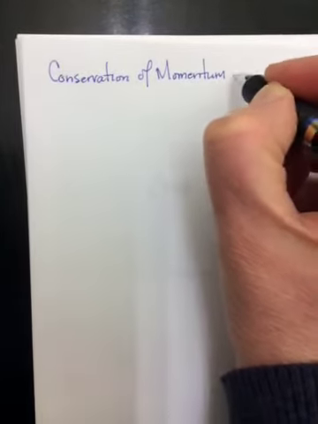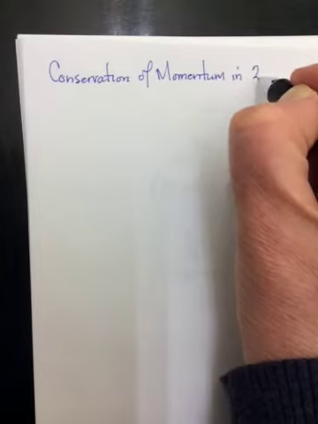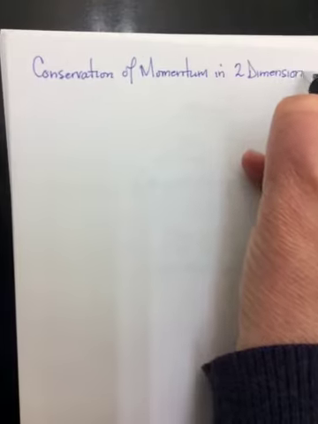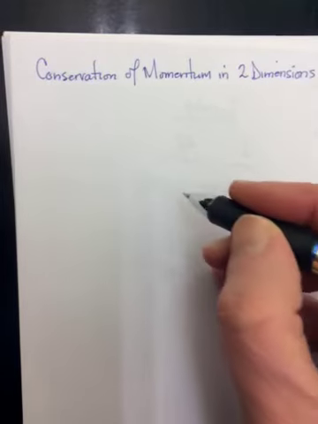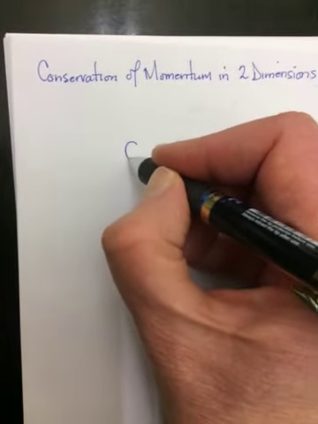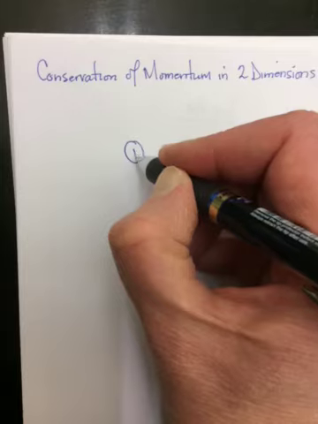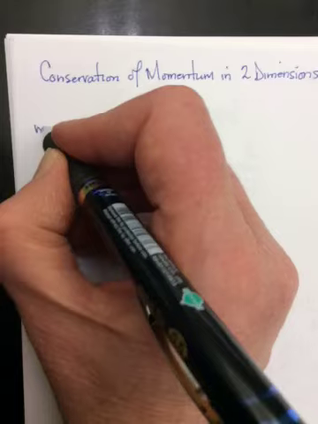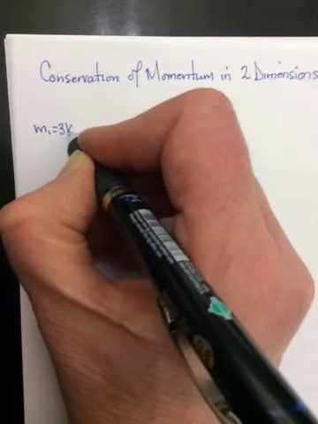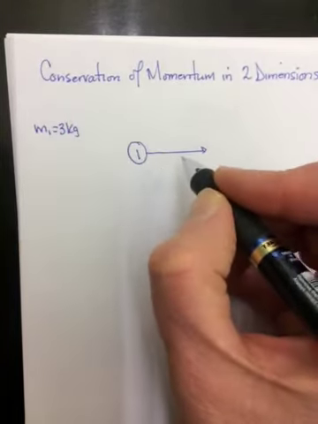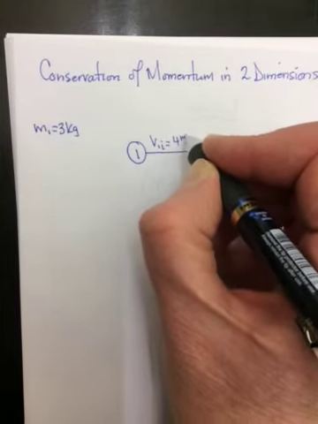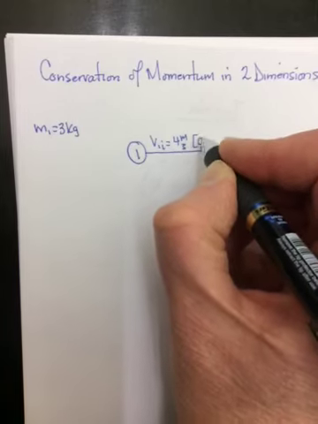Now the good news is the law of conservation of momentum works in 1 dimension, 2 dimensions, 3 dimensions. It's a law. It's going to hold in all dimensions. Okay, so this time let's imagine we have our ball number 1 and it's rolling in, and we'll say the mass of our ball number 1 is 3 kilograms, and it's initially going, let's say V1 initial, let's make it 4 meters per second east this time.